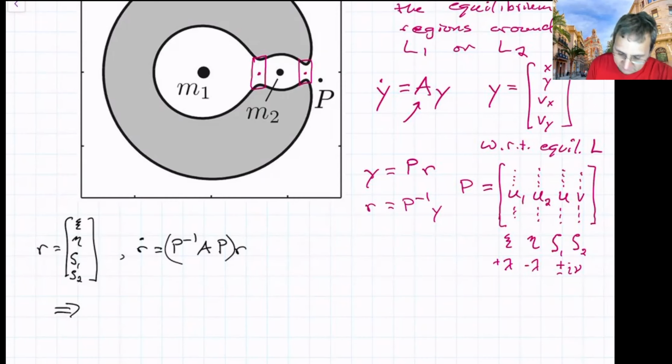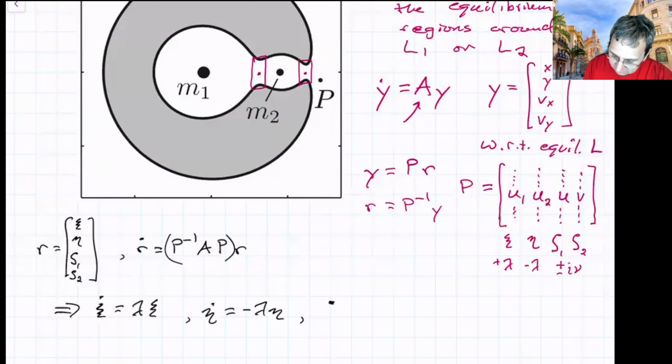So we had that c dot is lambda c. Eta dot is negative lambda eta. And then zeta 1 dot is nu zeta 2. Zeta 2 dot is negative nu zeta 1.